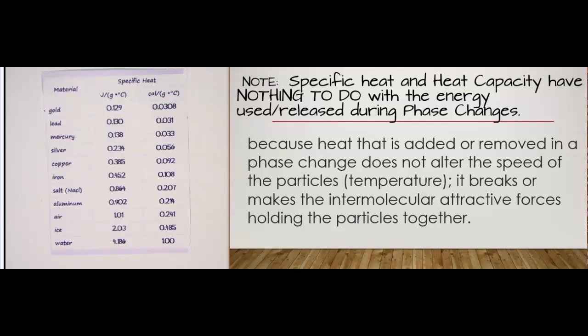Okay. Big important news flash here. Specific heat and heat capacity have nothing to do with energy used during phase changes. The heat of fusion, the heat of vaporization, has nothing to do with specific heat. Specific heat has nothing to do with really and truly the heating and cooling curves.